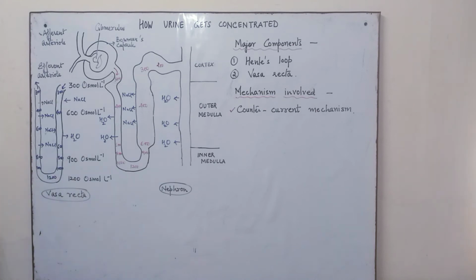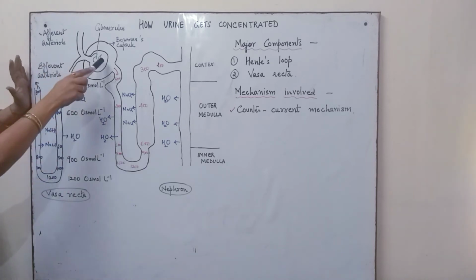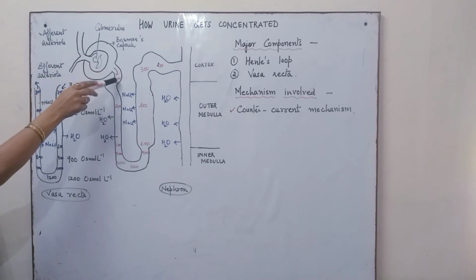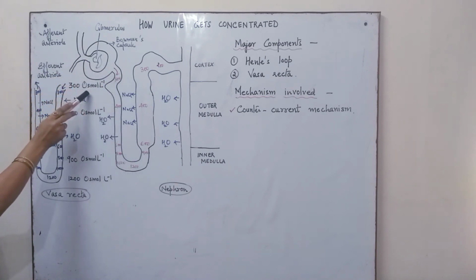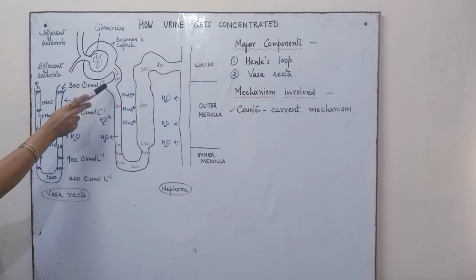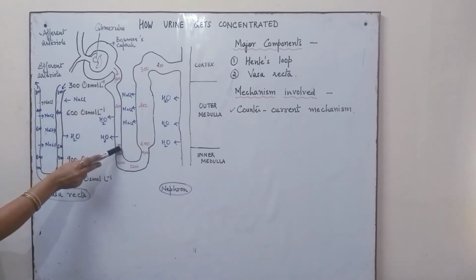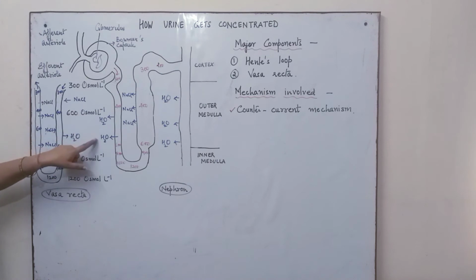As you can see through this diagram, the osmolarity is first less because as the filtrate passes through the tubular system, more water was present in it, and it gradually increases from 300 to 400 to 600, 800, and so on, because more water is being released into the medullary region.